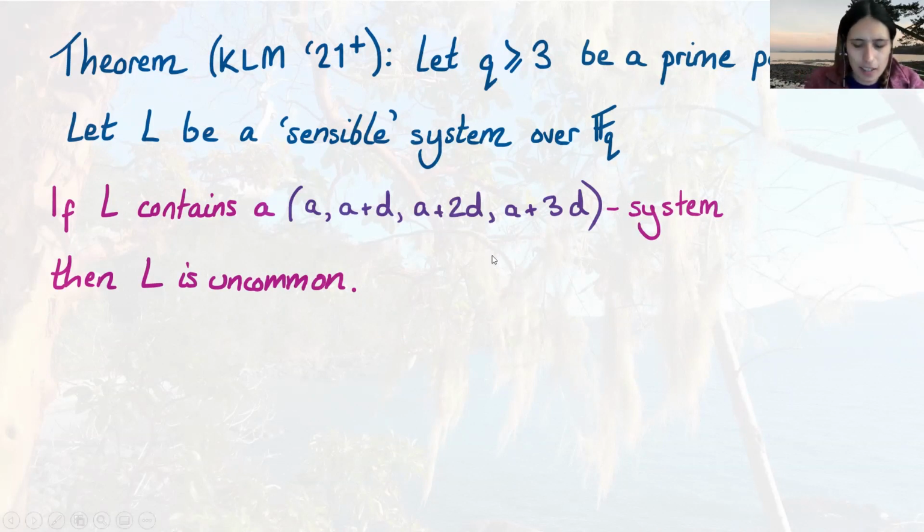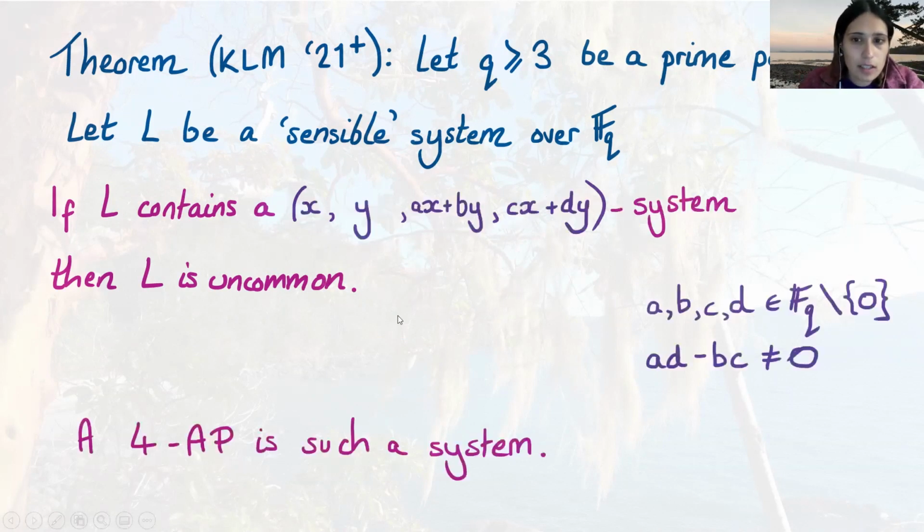I'm not really saying anything new yet, but our much more general version of the theorem says that if we have a sensible system that contains an x, y, ax plus by, cx plus dy system, where a, b, c and d have very weak constraints on them, then the whole system of equations is uncommon.